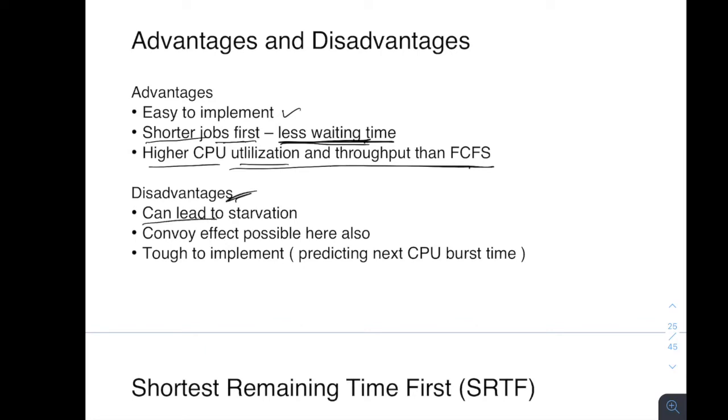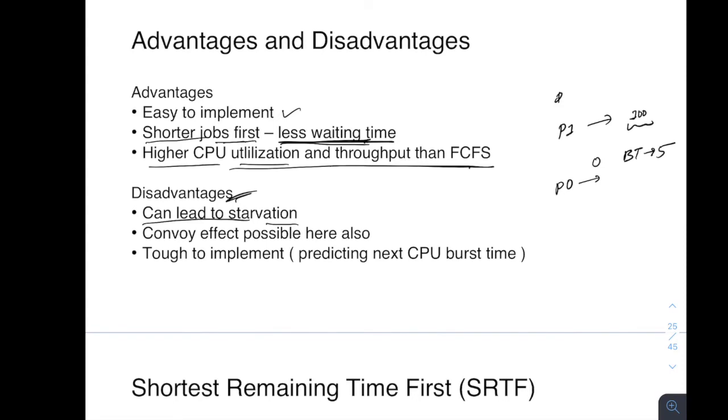The disadvantage is that this can lead to starvation. How it can lead to starvation is, let's say you have a process P1 whose burst time is 100. Let's say P0 arrived first, at time 0, and its burst time is 5.